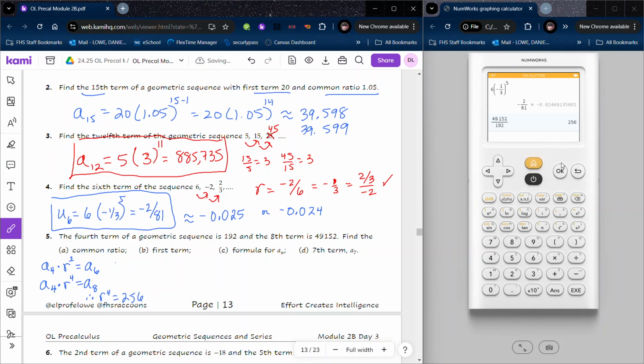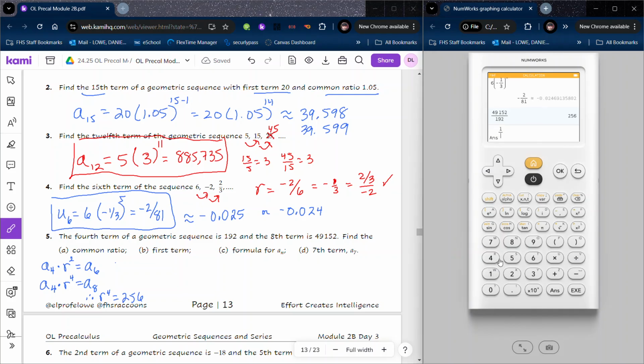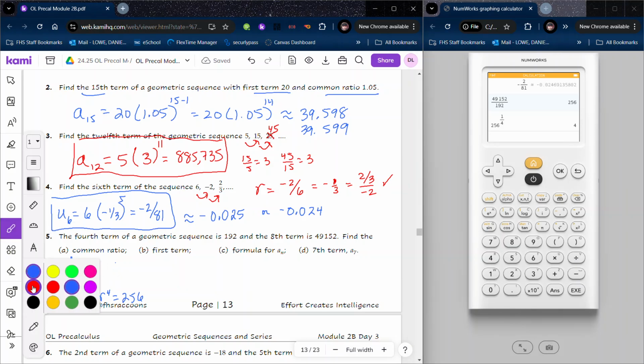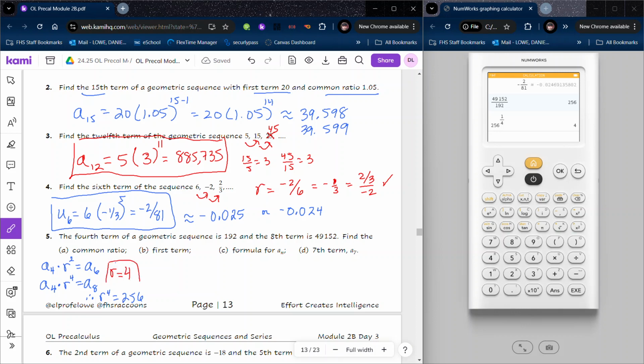If I take 256 and raise it to the 1/4 power, that gives me my common ratio, and that common ratio is 4.